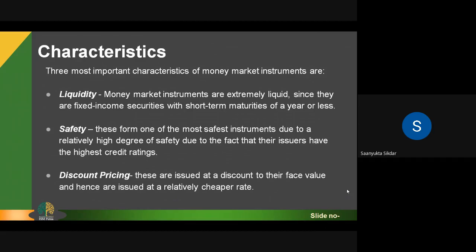Now, discount pricing. This is the third important characteristic, which is common with all the money market instruments. That is, these are issued at a discount to their face value, and hence they are issued at a relatively cheaper rate.